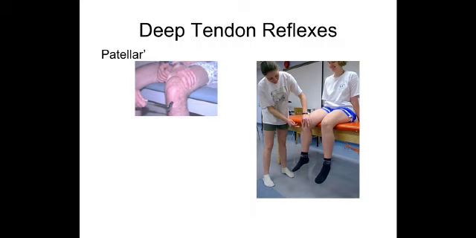Semi-flex the knee and lift your hand slightly so that the weight of the knee rests on your hand. Strike the patellar tendon directly with the narrow end of the knee hammer. Observe the contraction of the quadriceps and brief extension at the knee. Elicit the knee jerk of the opposite side and compare.